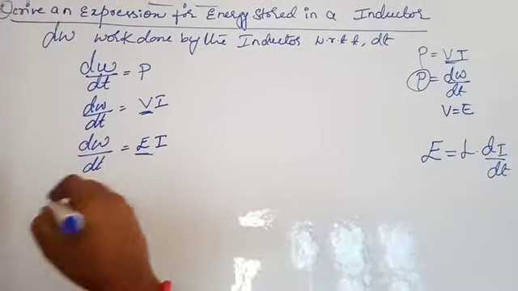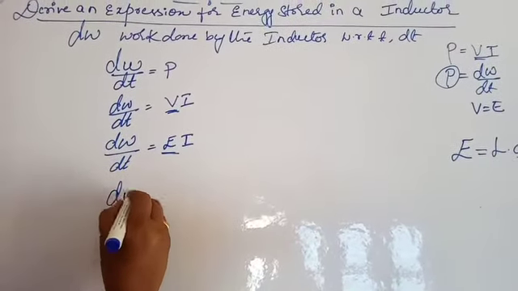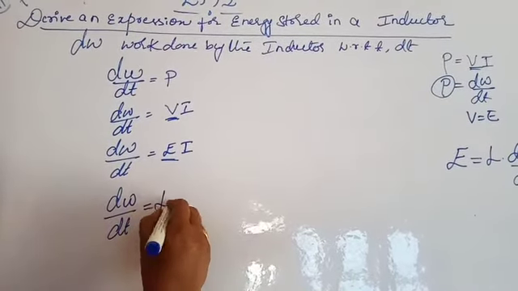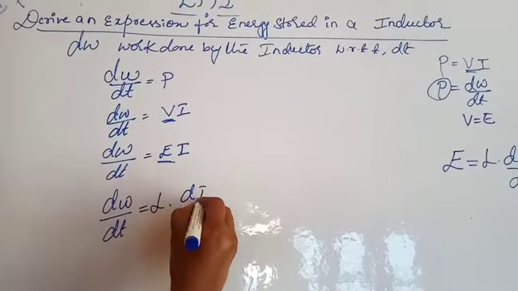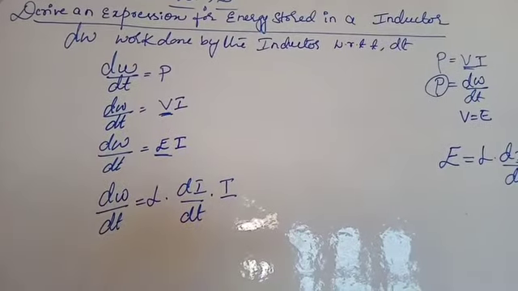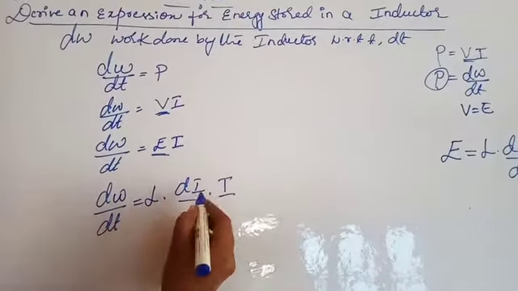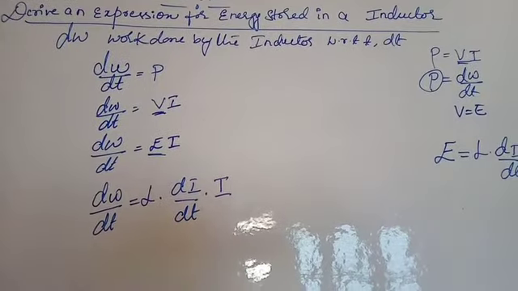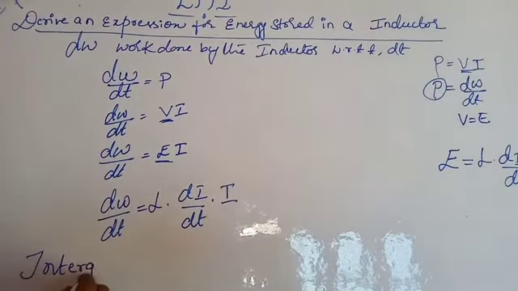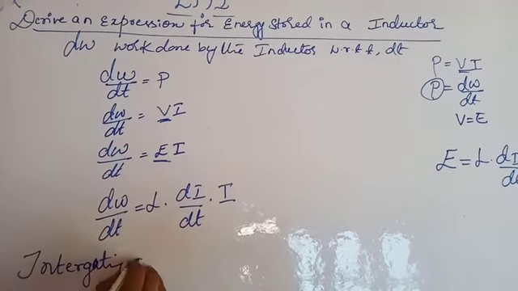So let me take here dW by dt is equal to E, that is L into di by dt, into I. Okay, this is L into di by dt into I. Next we have to integrate on both sides.